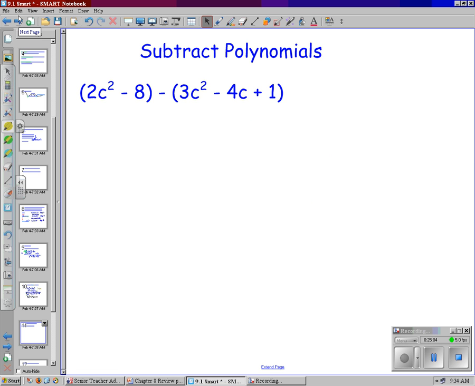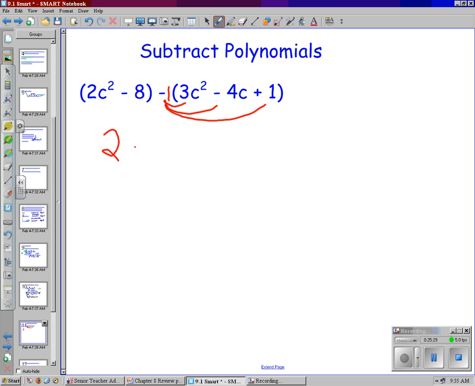Subtracting polynomials. Of course. Ladies and gentlemen, when there's a minus sign out here, what does that mean you're going to have to do? Well, what number is sitting out here? A negative 1. So really, you are applying a negative sign inside there, the distributive property.